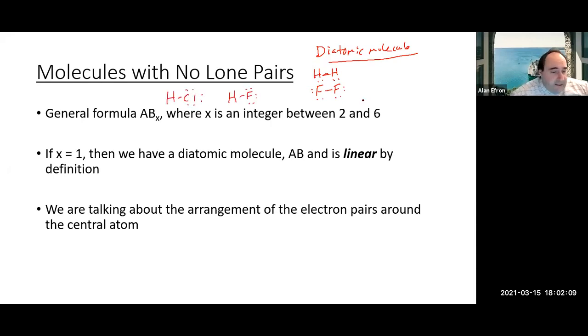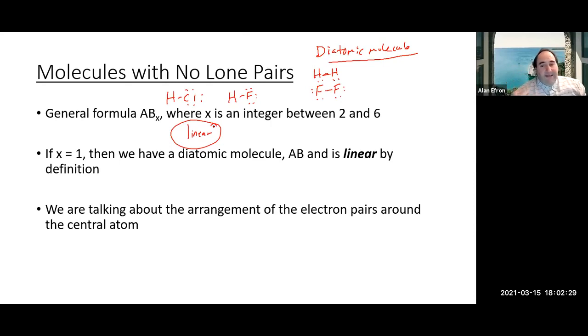These are all diatomic molecules, and when you only have two atoms, the geometry is always linear. You don't have to even think about it. There's only one way to arrange two things: the shortest distance between two points is a straight line.